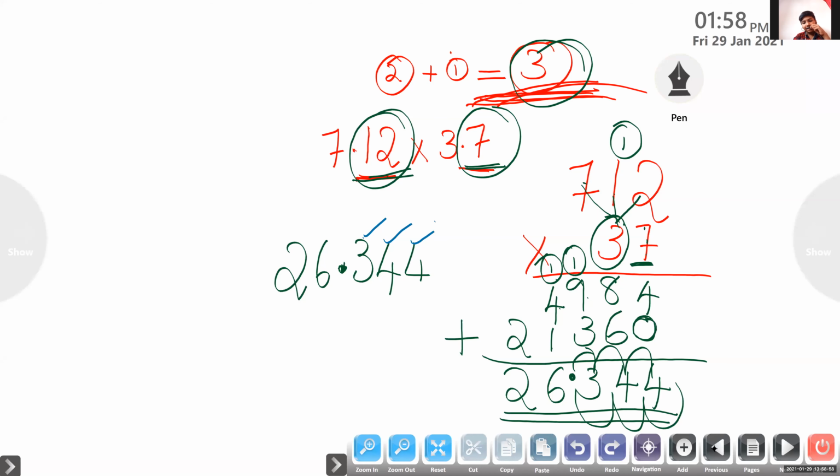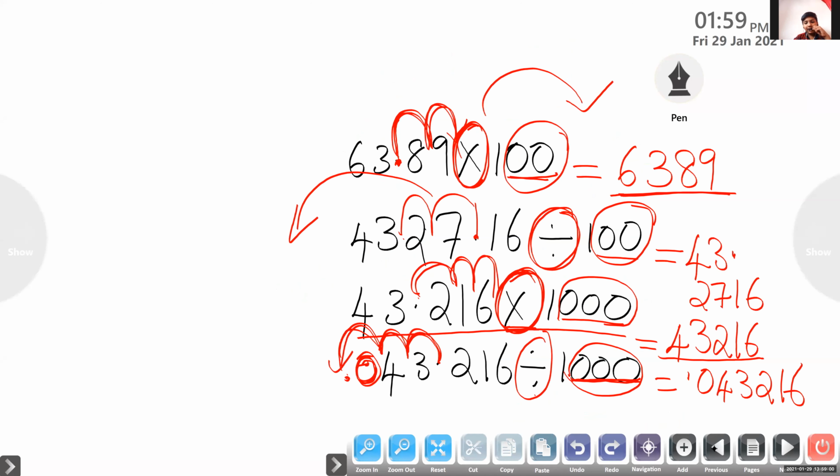In the question you gave, 3.216 divided by 1000, you said the answer is 0.003216. After the point, can we write zeros? Yes, you can write here 0.0, there is no problem. Look here. Here we have only 1, 2, 3. There is no digit, so we put zeros here. When we put 0.04, that's also correct. Okay, there is no change.